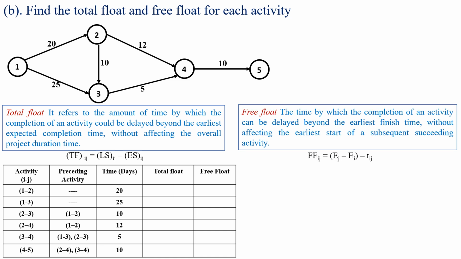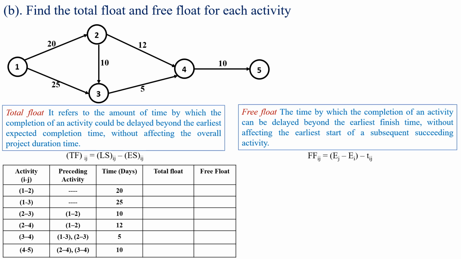Similarly, free float is the time by which the completion of an activity can be delayed beyond the earliest finish time without affecting the earliest start time of a subsequent succeeding activity.